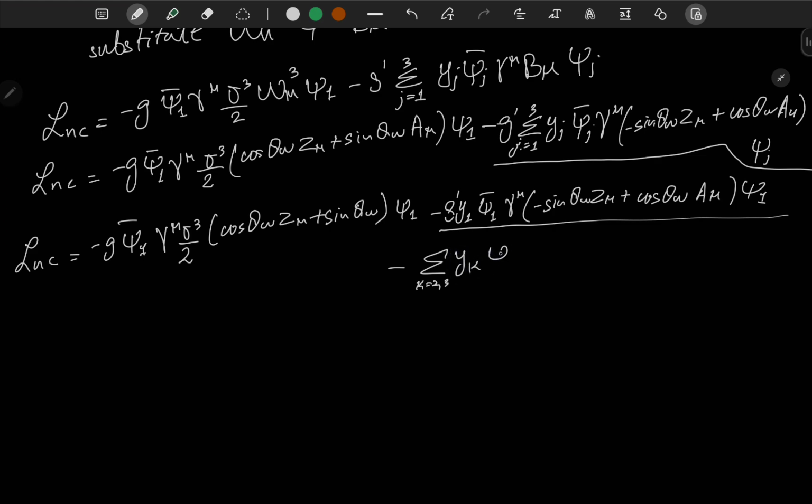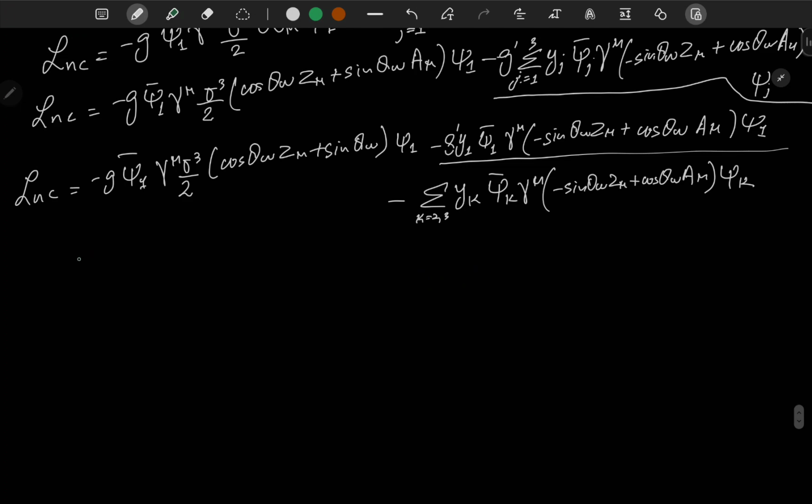Yk, where k runs from 2 to 3, and gamma mu minus sine of theta w z mu plus cosine of theta w a mu psi of k.